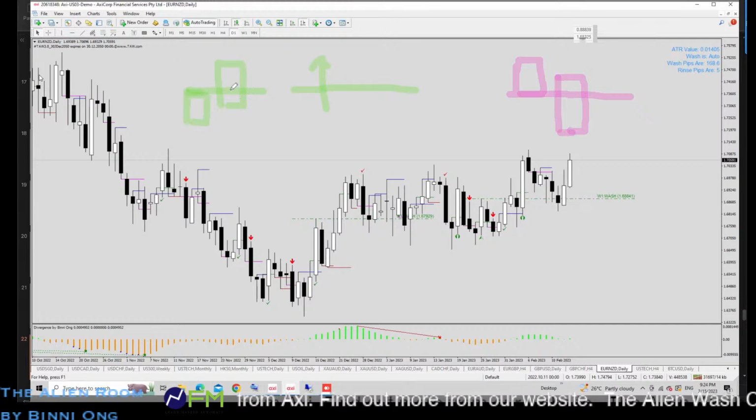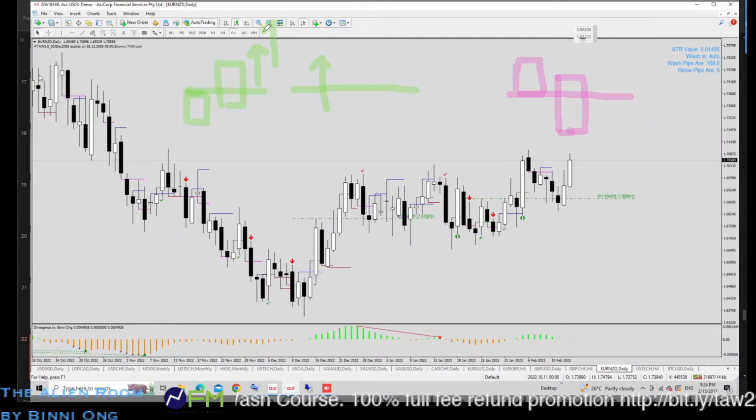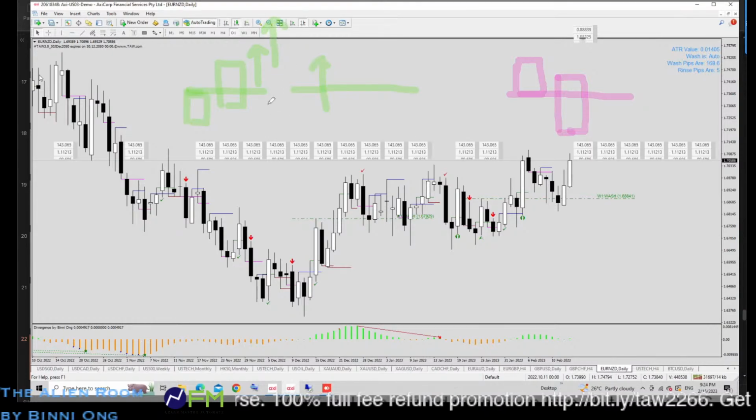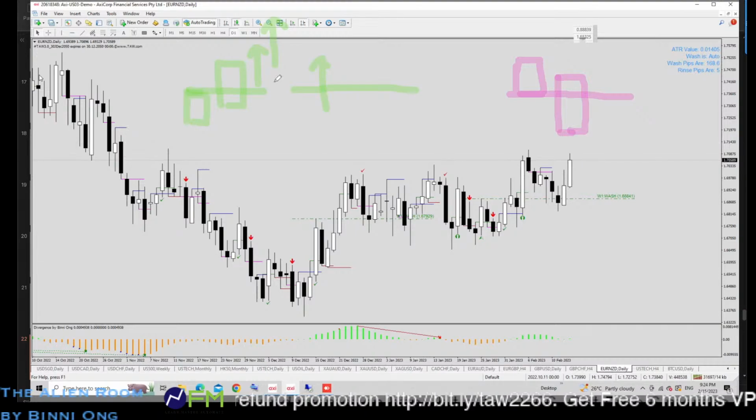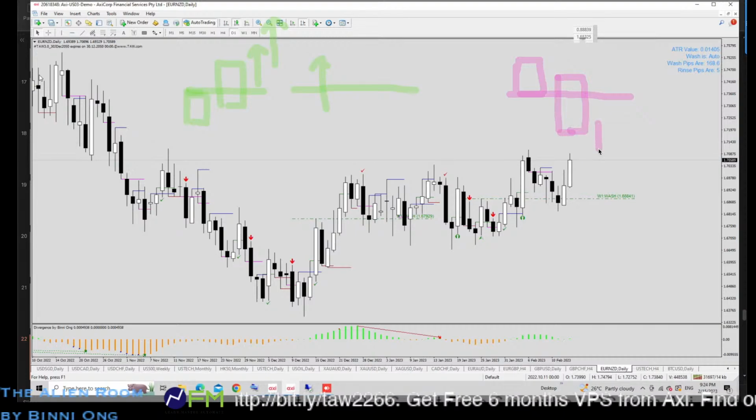If price continues to trade above this wash line, then the price movement here will continue to be bullish. Likewise, if price continues to be below the wash line, then it will continue to be bearish.